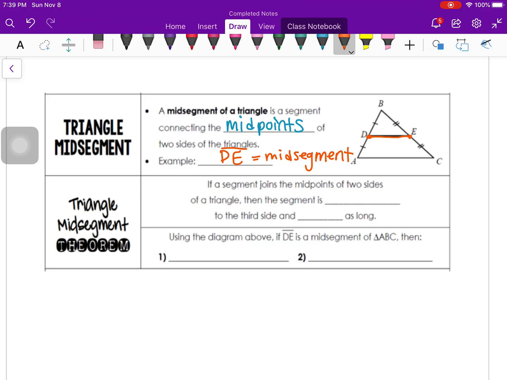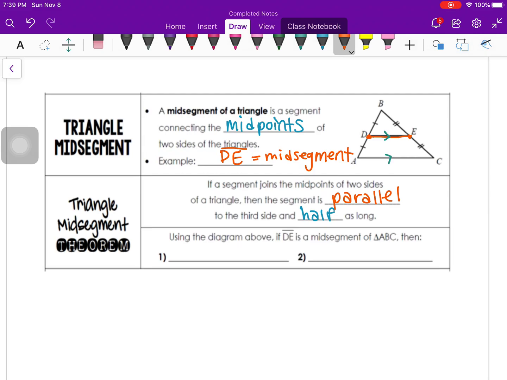The triangle midsegment theorem says if a segment joins the midpoints of two sides, then the segment is going to be parallel to the third side and half as long. So when we see this midsegment, we know it's parallel to the base AC, that third side, and that its length will be half as long as side AC.